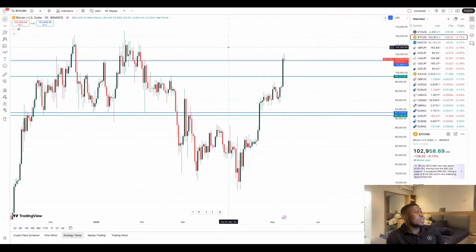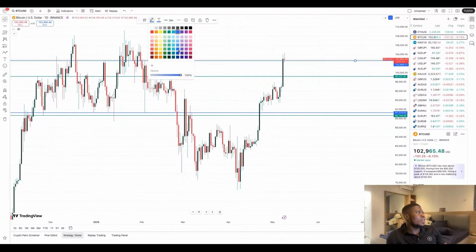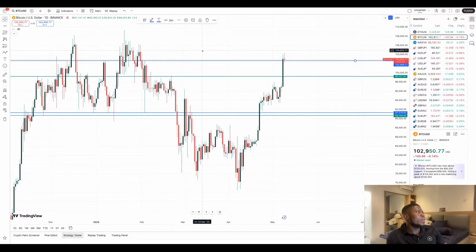At this moment, there are two cycles here. Even though you're using the one I marked with green, that has the support here and resistance here, it's still going to give you the same thing. So it means that BTC is in an uptrend here.